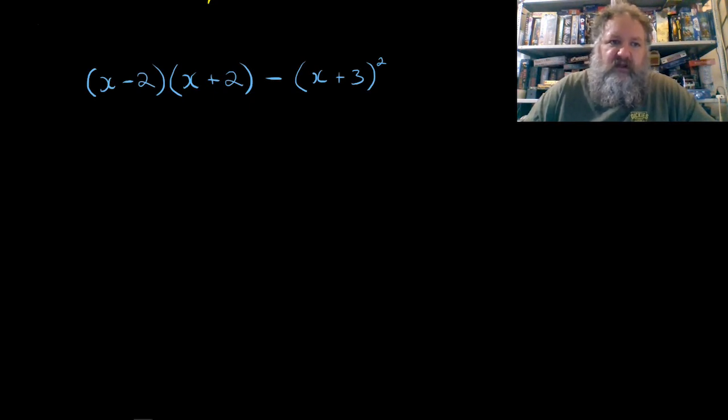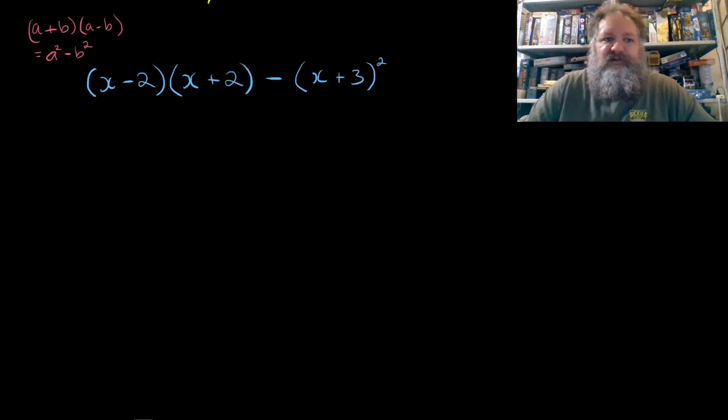Well, really quickly, (a plus b)(a minus b) will be a squared minus b squared. So we can use our understanding of that over there. Over this side I have x plus 3 times itself, (x plus 3)(x plus 3). So if I've got (a plus b) multiplied by (a plus b), I'm going to have a squared plus 2ab plus b squared.